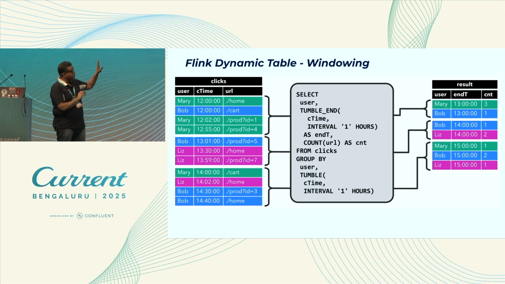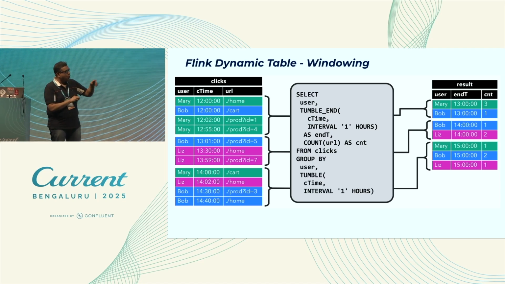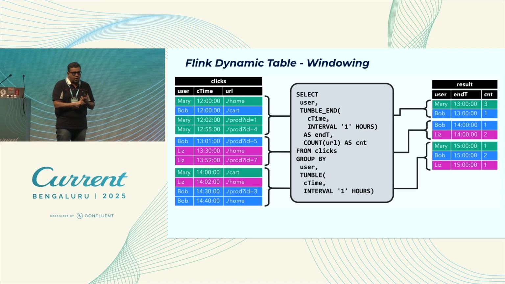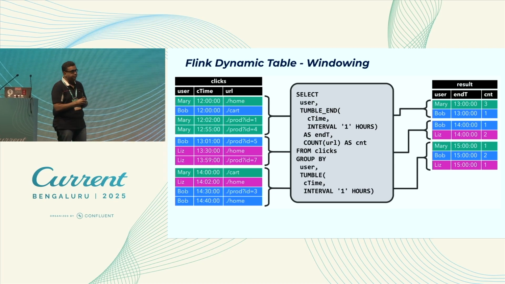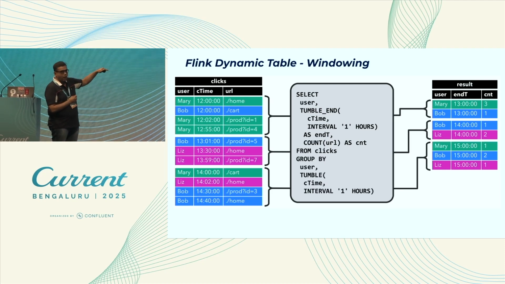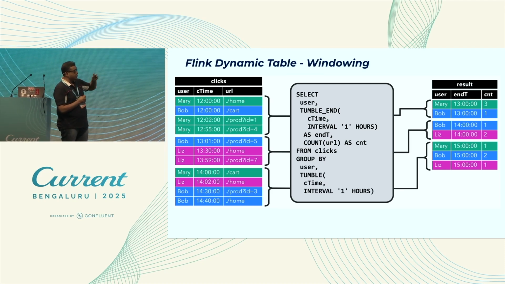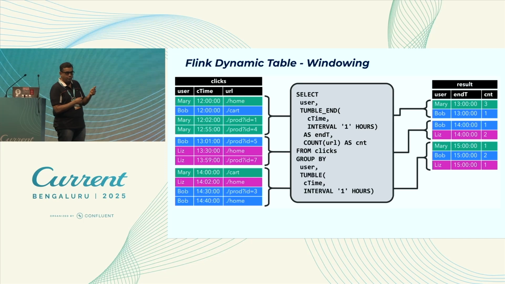I have my user, my creation time, my URL, and I want to know every hour how many times one distinct user has logged in or clicked. So from the window of 12 to 1 p.m., Marie had clicked thrice, Bob once. From 1 to 2, Bob had 1, Liz 2, etc.